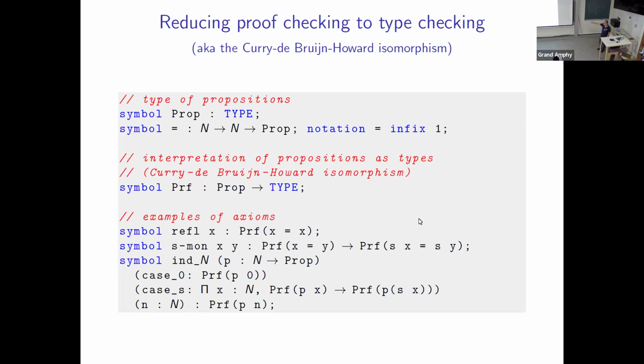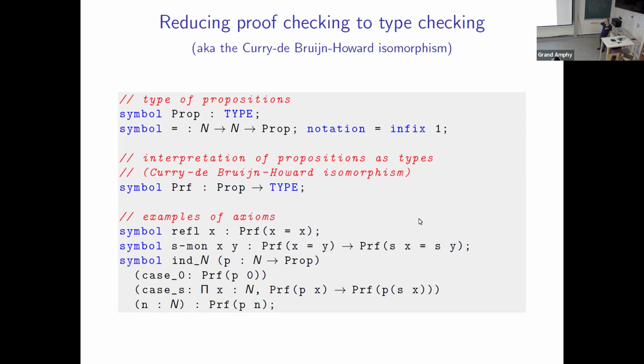Meanwhile, we can already add axioms to represent possible axioms in our logic. So, for instance, I can have an axiom ref saying that one element is equal to itself. I can have an axiom for the monotony of the successor function.